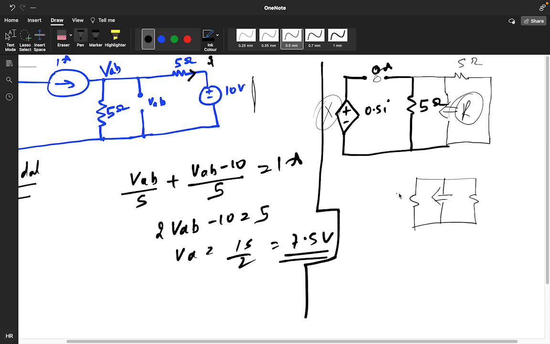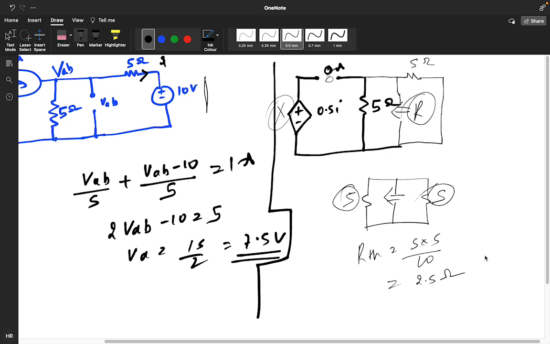This is also 5, this is also 5, so both are parallelly connected. RTH will be 5 into 5 divided by 10, so how much will you get, 2.5 ohm. Okay, Priyanka, is this clear? So you will get 2.5 ohm in this particular network.